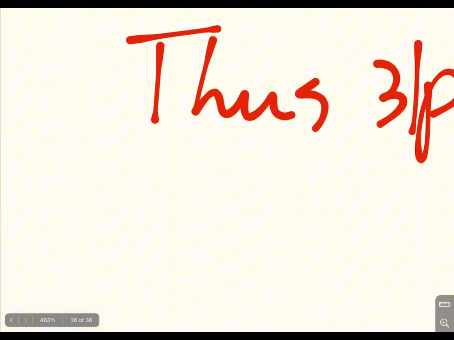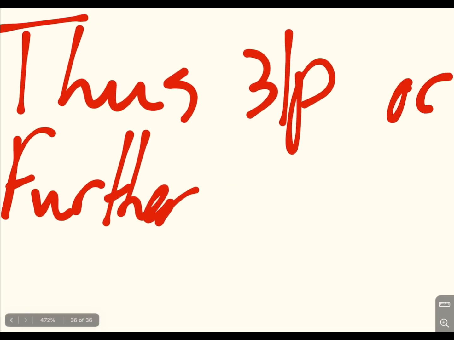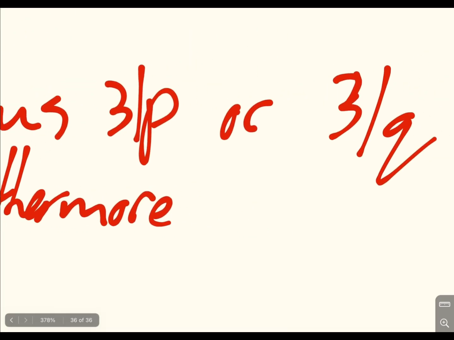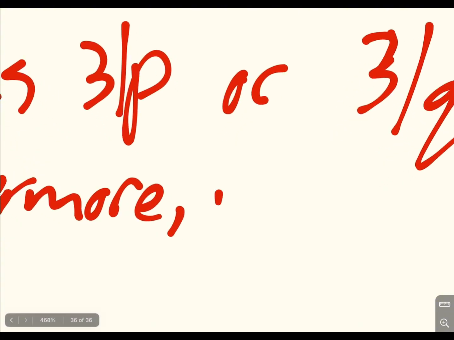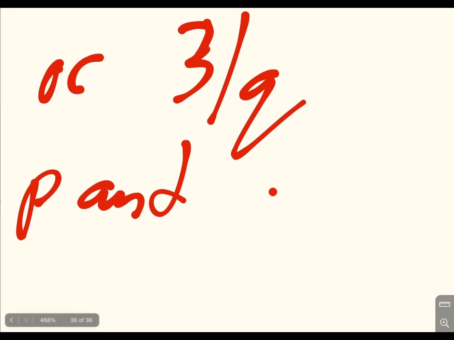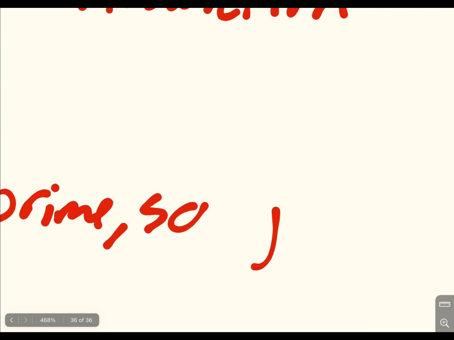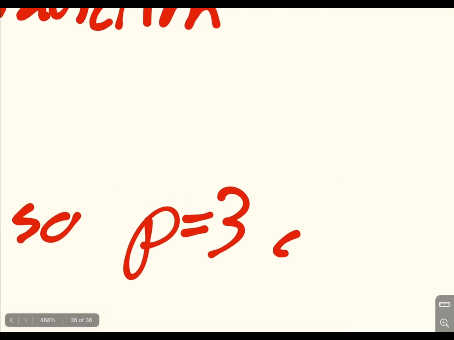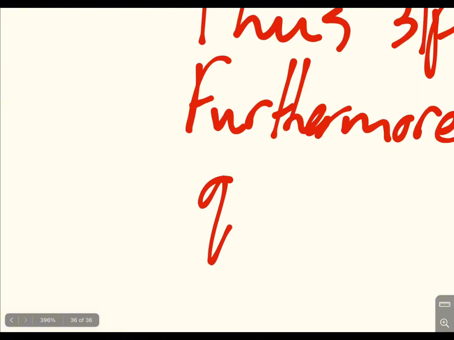Furthermore, p and q are prime, so the only way that p and q are divisible by 3 is if they're 3. So p equals 3 and/or q equals 3.